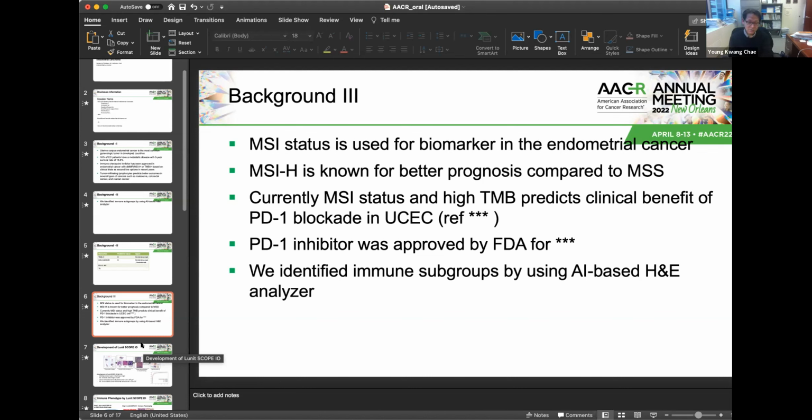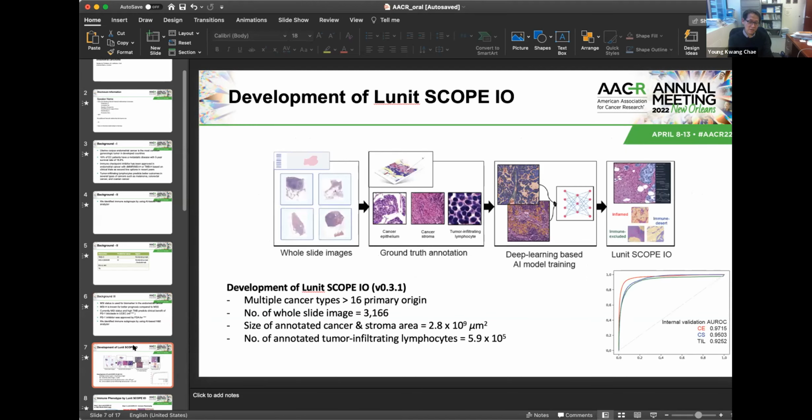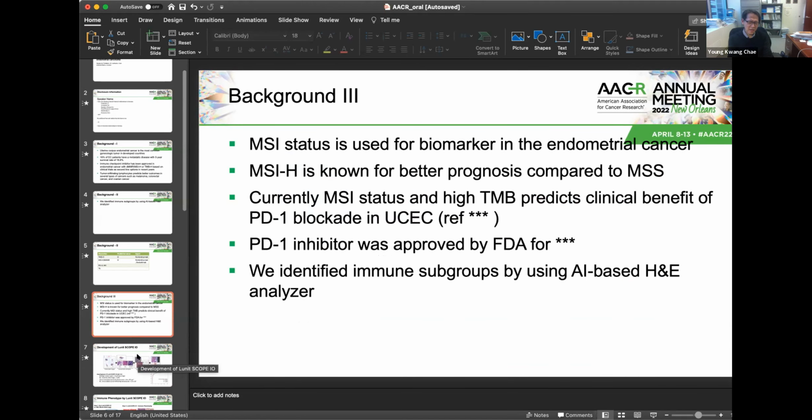I think you should write that one. And then in MSI high, what are the immunotherapies that are approved for that tumor type? You should mention that. So there is an immune checkpoint inhibitor that is approved in the MSI high group in NCCN guidelines.